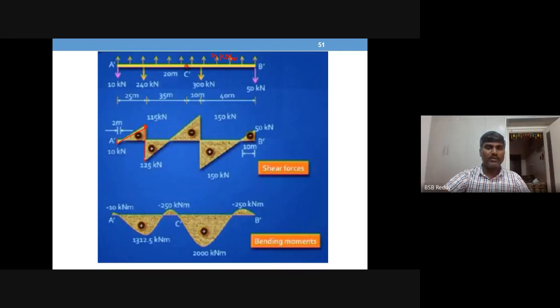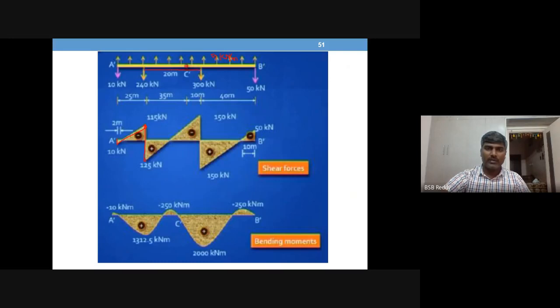So down 125. Then again, it is 35 meters into 5, so that you have to cross till this 300 you have to calculate. So total 45 meters between this point and this point.